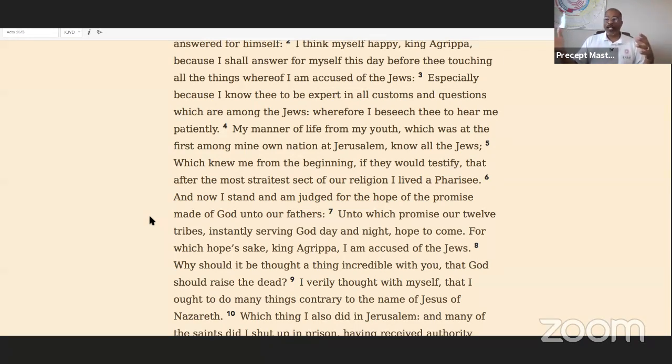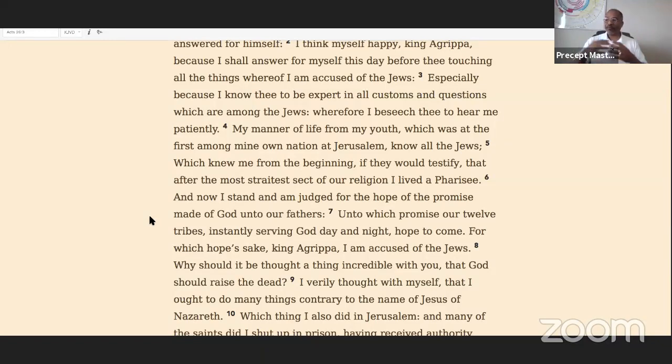If you believe in that, then you don't believe in the God that's in this Bible. If you believe in reincarnation, you don't believe in this God.